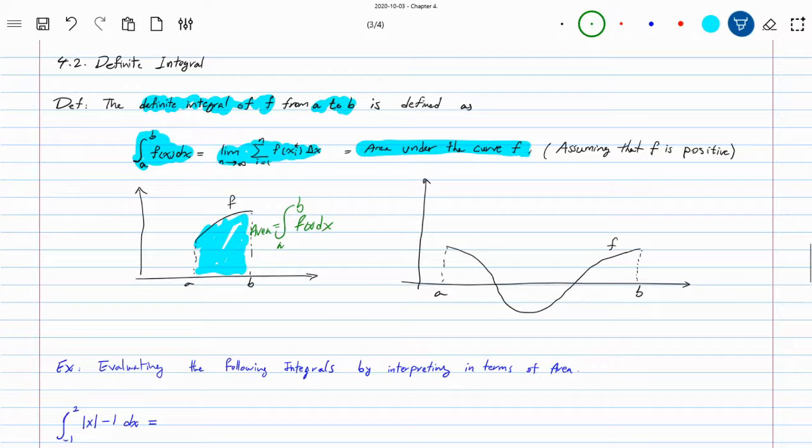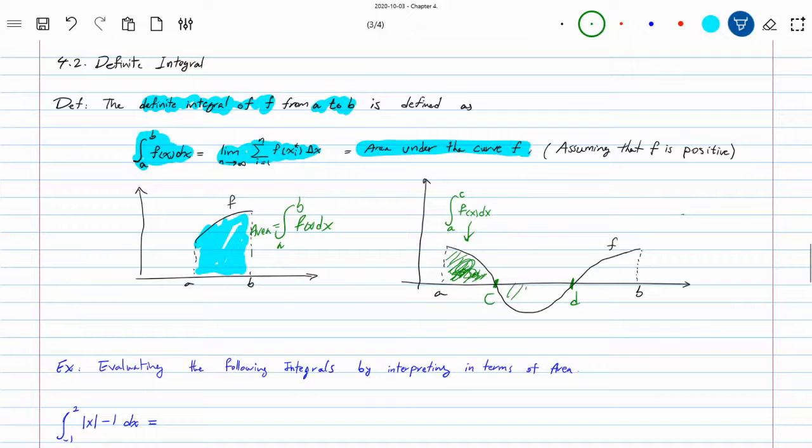But in this second graph, the curve goes above and below the x-axis. Let's call this point C and this point D. From A to C, this area is above the x-axis. So if you write the integral from A to C of f of x dx, this is exactly this highlighted section, this shaded area.